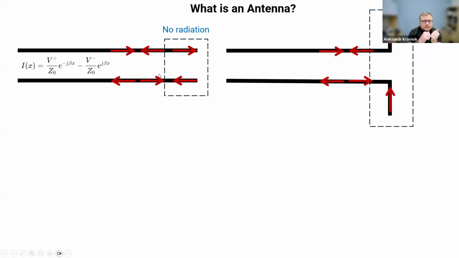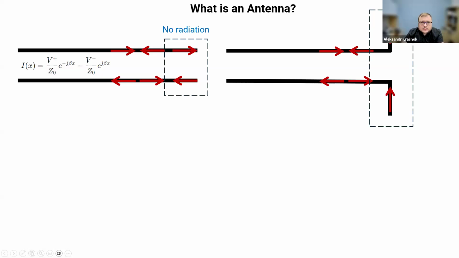But if I bend these two ends of the transmission line, the current that used to point to the right now points upward, and this second current points upward too. Upon this modification of the transmission line, I get a line segment that drives the current in the same direction.